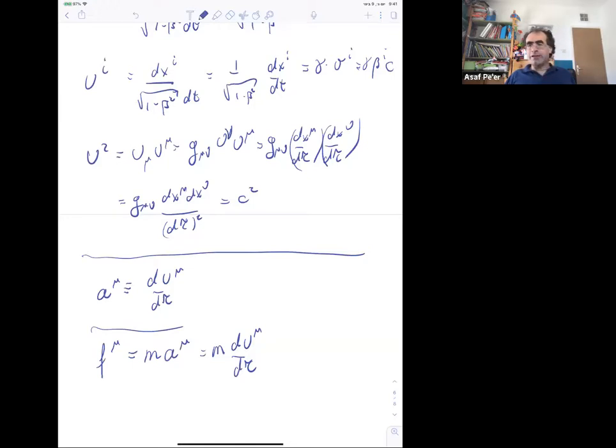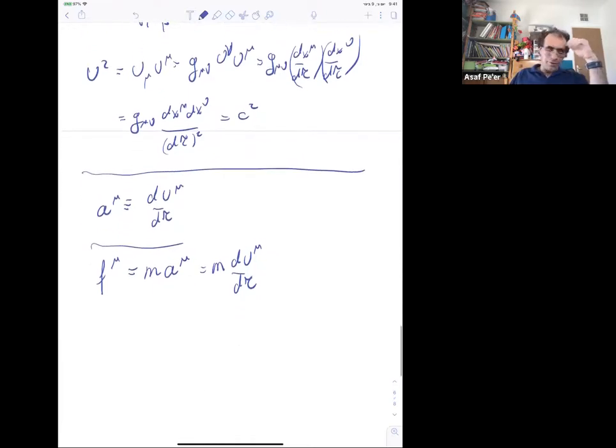Now, quite interestingly, it's very nice to show that the four-acceleration is always perpendicular to the four-velocity. It looks very strange at the beginning, right? A mu u mu is just g mu nu du mu over d tau times u nu.